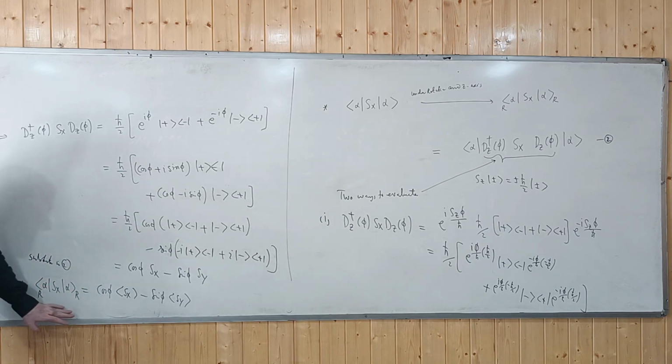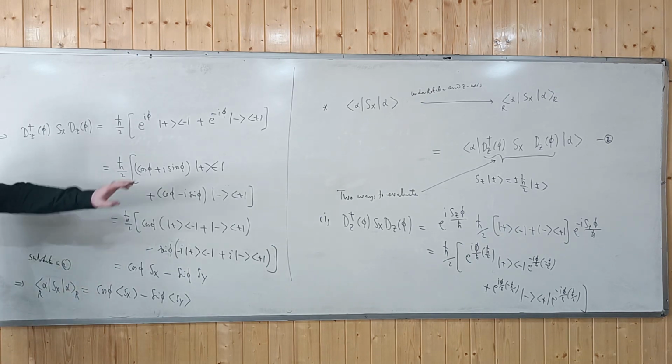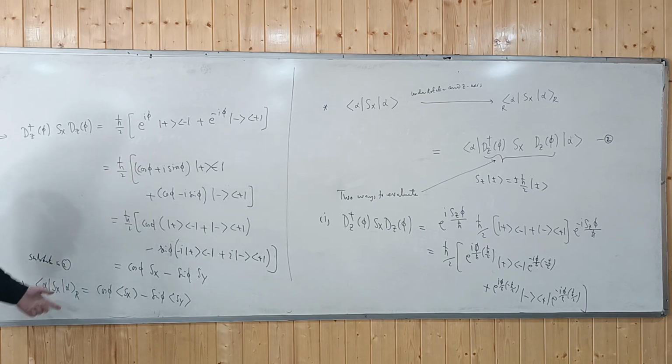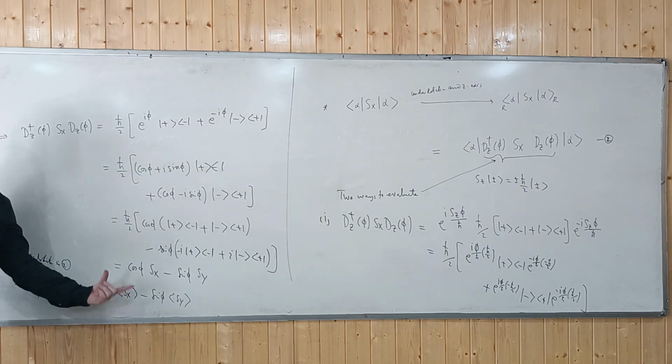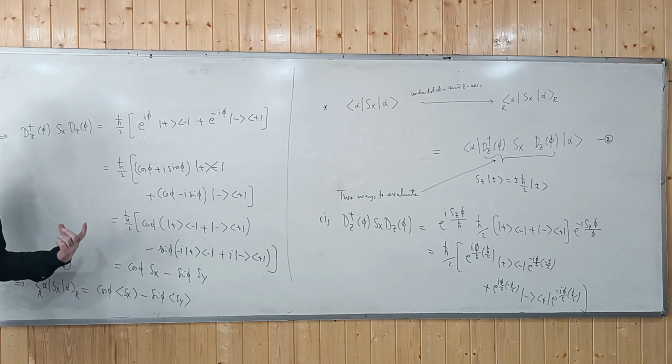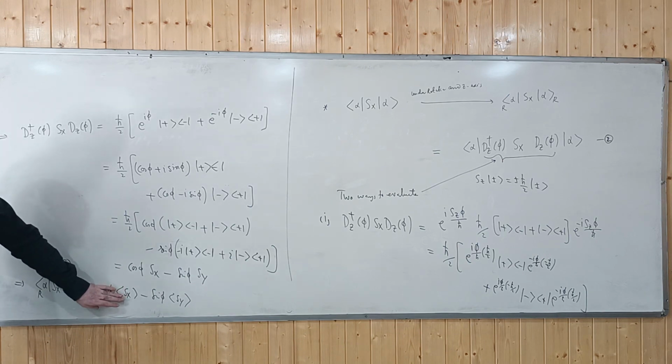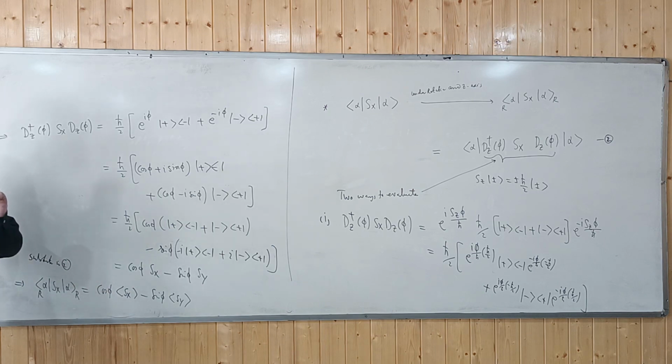So is it now clear? So when you substitute it in second, that means the rotated state is this thing. So it means this average value under rotation gives you what? The computation of the average of Sx and Sy.